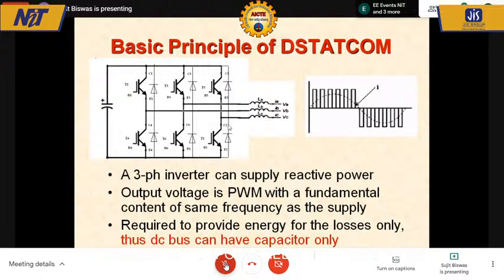But here, the template that I'm using for the current is phase shifted by 90 degrees, either leading or lagging, such that this will behave either as a capacitor or as an inductor, depending on my choice. And since there is no exchange of average power, I don't need any DC power source on the DC side. A simple capacitor will do the job. So by controlling the magnitude of current, I can make this behave as a variable capacitor.